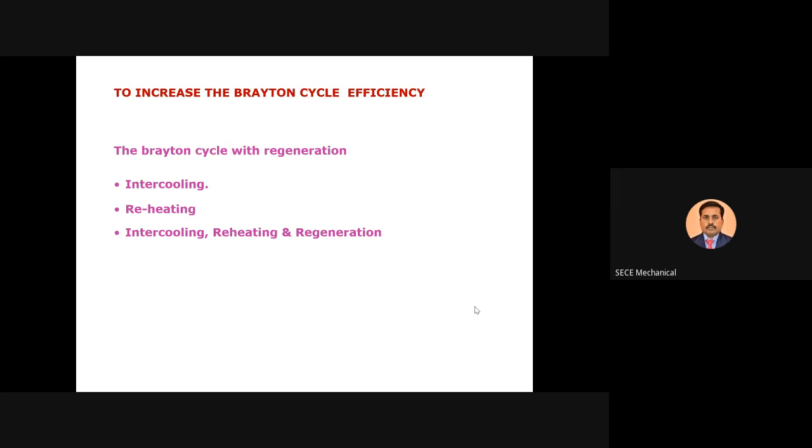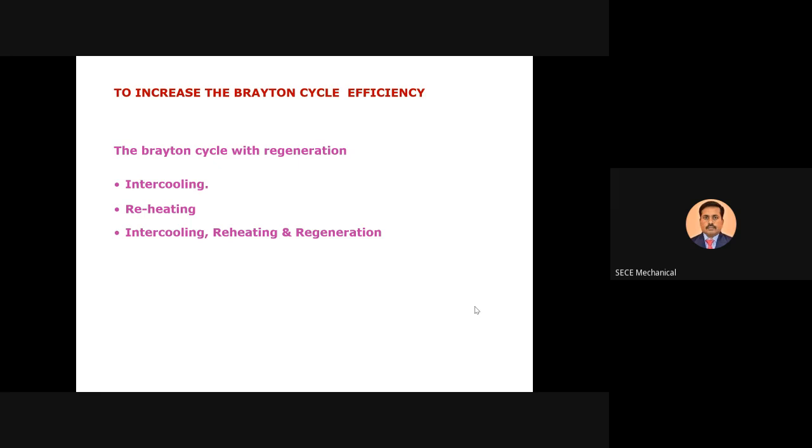And finally, we can combine these two power plants. That is the combined cycle, that is Brayton and Rankine cycle. Also, we can improve the power plant. So the concept is very simple. We have to improve the power production.